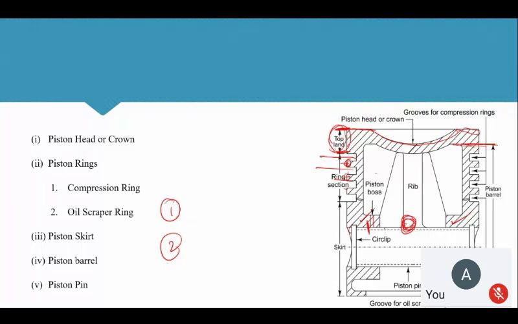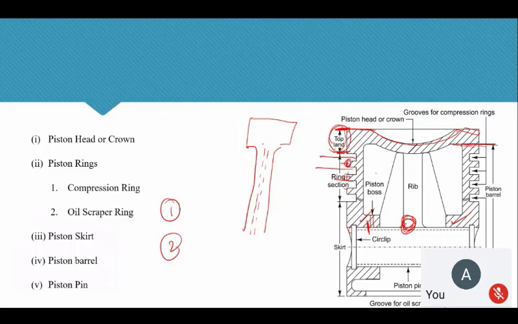Okay, good question. In the connecting rod, because of the pressure lubrication system, there is a barrel inside, there is a hole. Here you are going to have the gudgeon pin.